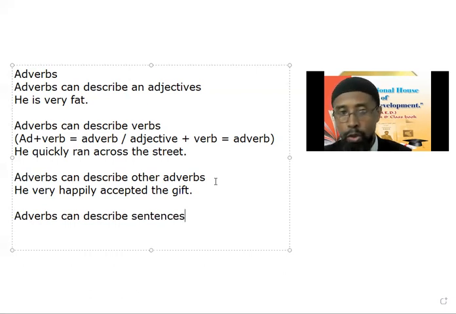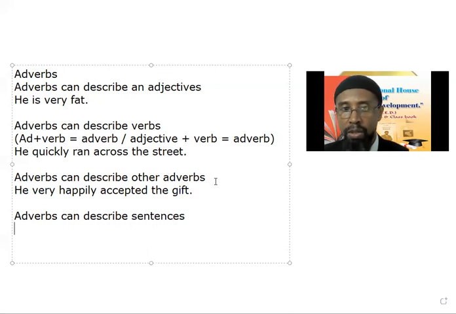Now let's take a look at the last one here. Of course, you're wondering how do we get 5? I will explain that as well. Adverbs can describe sentences, right? So let's make a sentence.